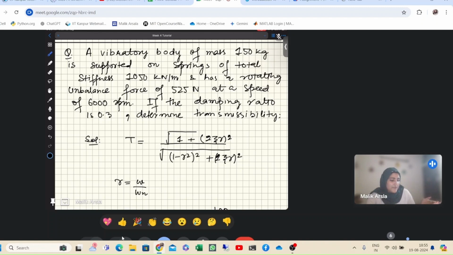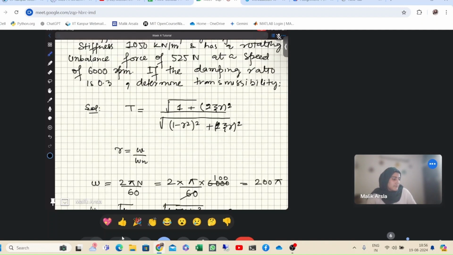It's 525 Newton. Basically by F0 I mean m naught E omega square. So you can find out the transmitted force also. Yeah, that can be an extension to this question.